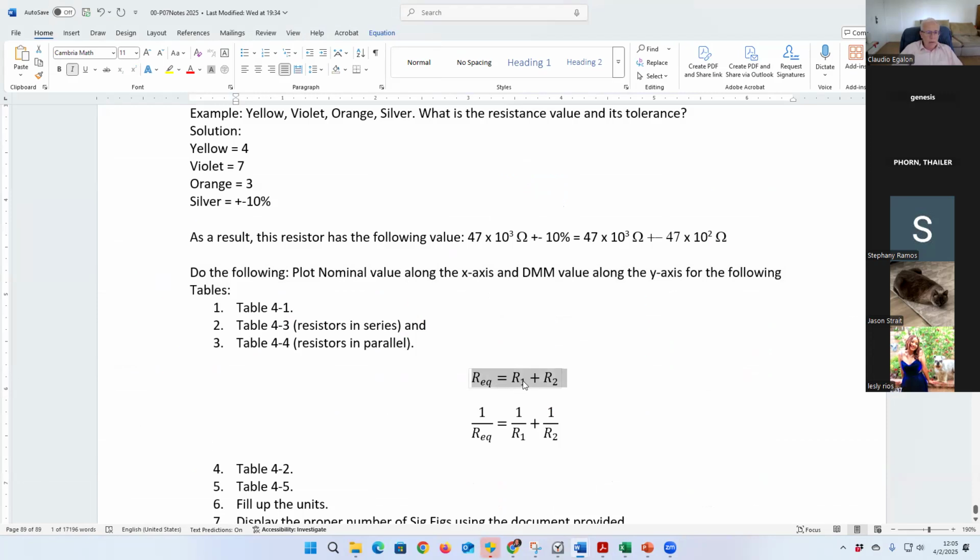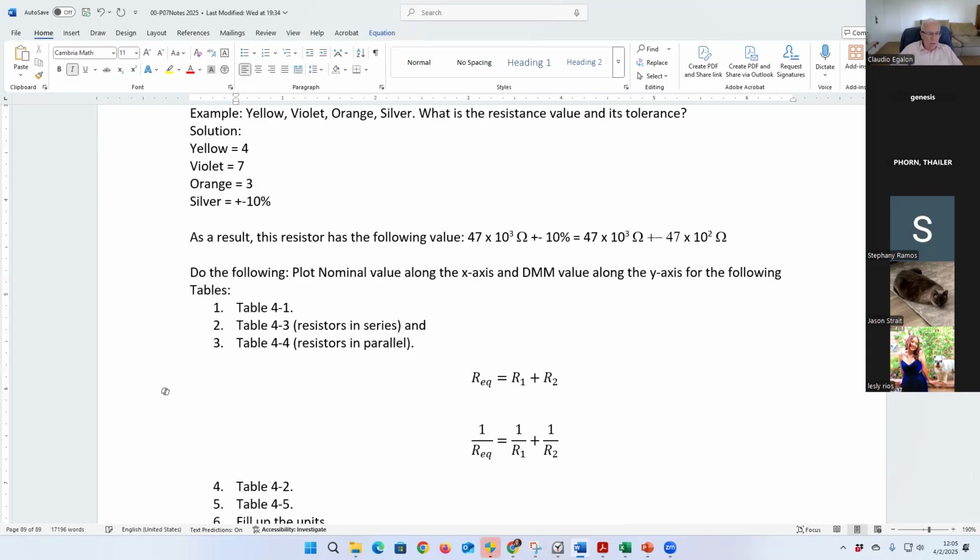So let's say this one here is the measurement of the multimeter, and this one here is the summation that we get for the nominal value, the color code value. So we have our equivalent 1. We're going to make a total of 5 measurements for the resistors in series.